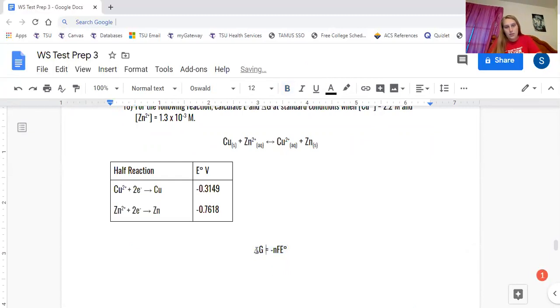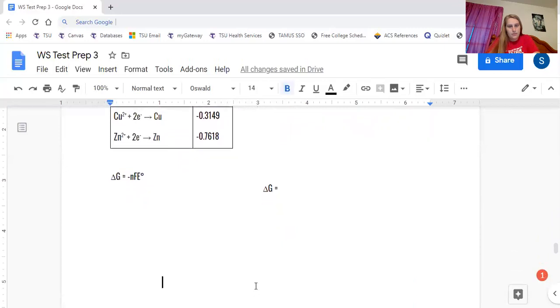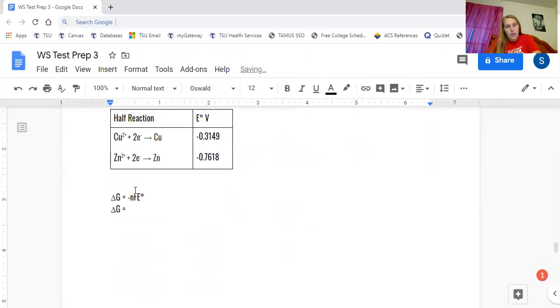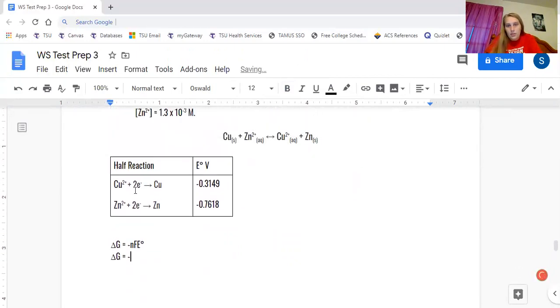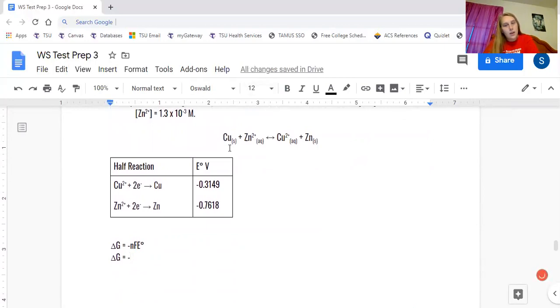Delta G is going to be equal to negative n. When we look at our equation here, that's the number of electrons. You can see the difference between here and here, that's 2 electrons, and between here and here, that's 2 electrons. So that's all we have to worry about. It's going to be negative 2 moles e minus.